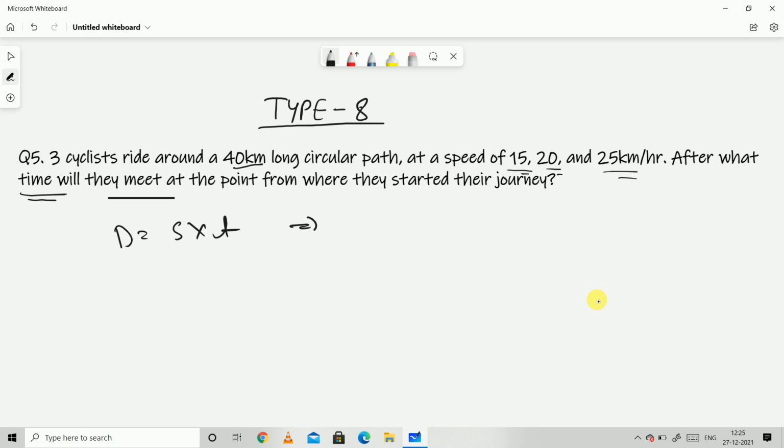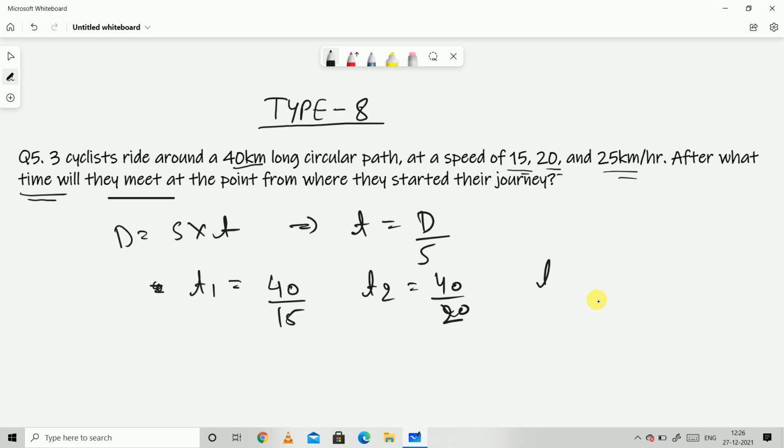So time is distance upon speed. The distance is 40, so T1 will be 40 by 15, T2 will be 40 by 20, and T3 will be 40 by 25. These will be my 3 time intervals.